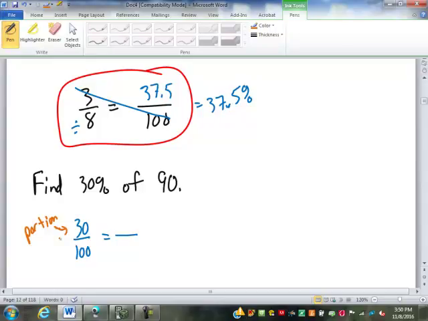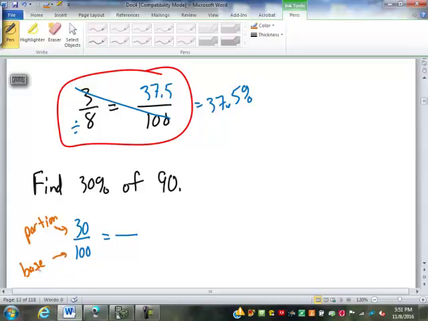Somewhere there's another number in this problem that represents that same portion as the 30. The 100 is the base. It is the amount that all the other calculations are being based off of or calculated from.